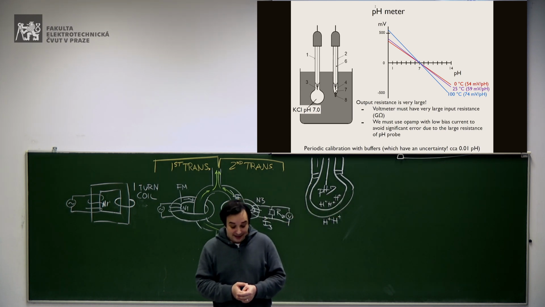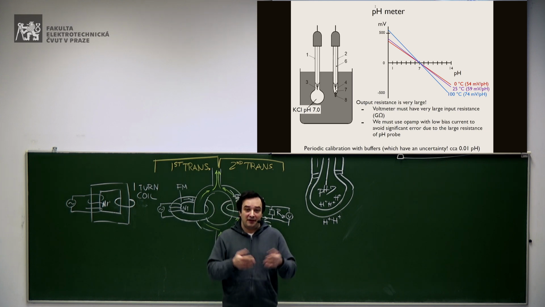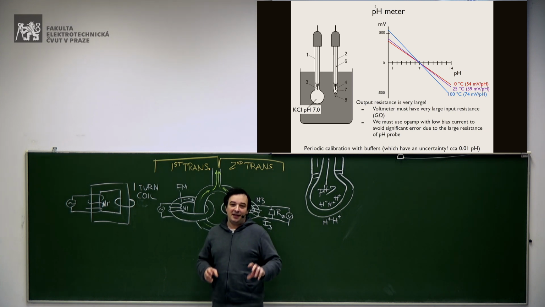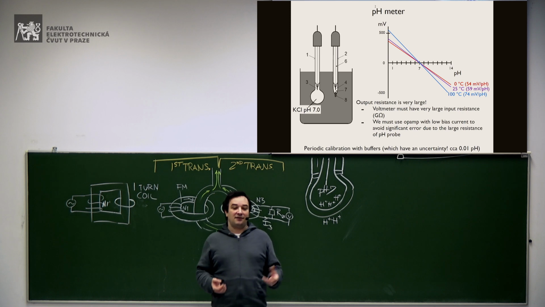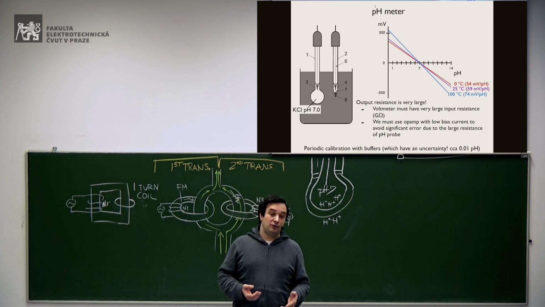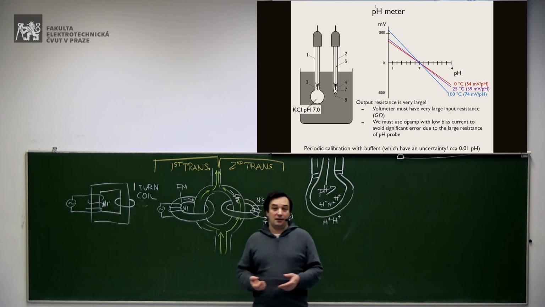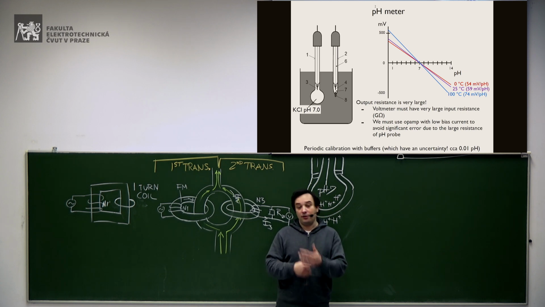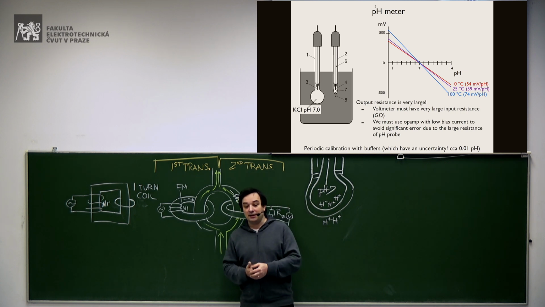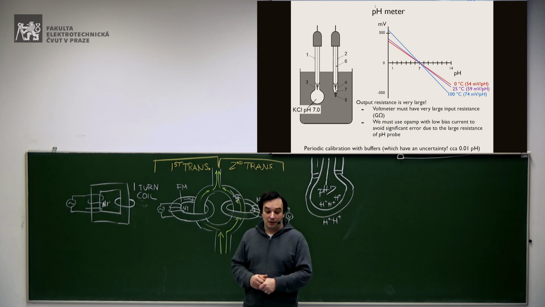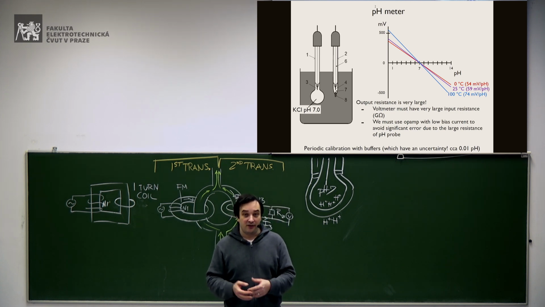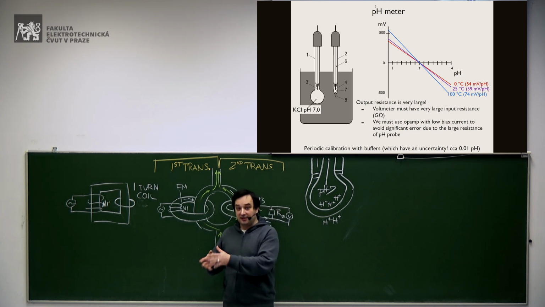because then if the pH meter is smart enough, it corrects automatically the value of the pH shown to you by reading the temperature and recalculating the response of the voltage for a given pH for that specific temperature.